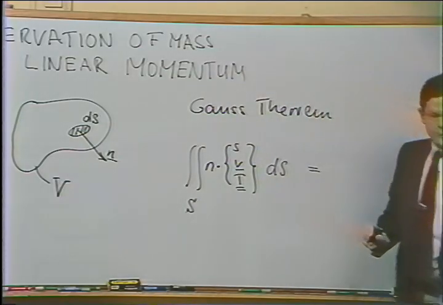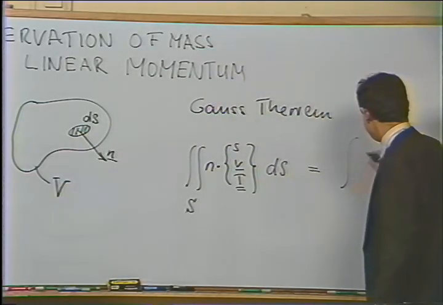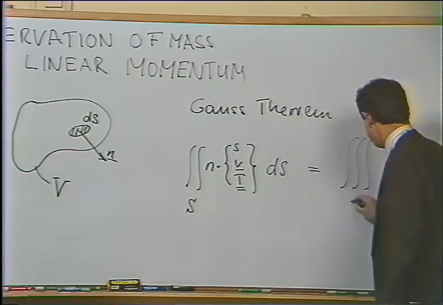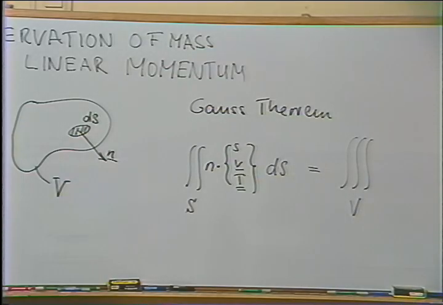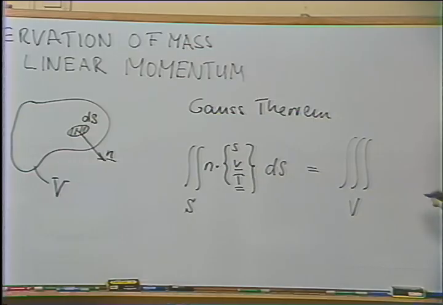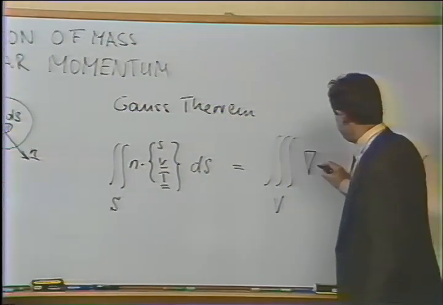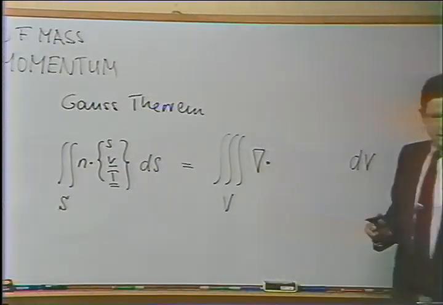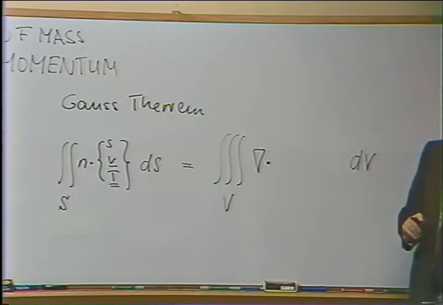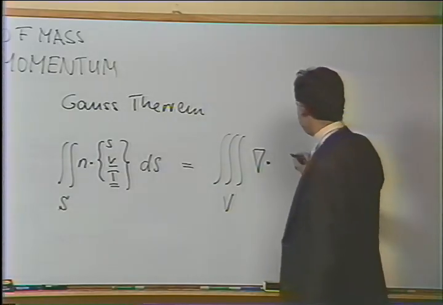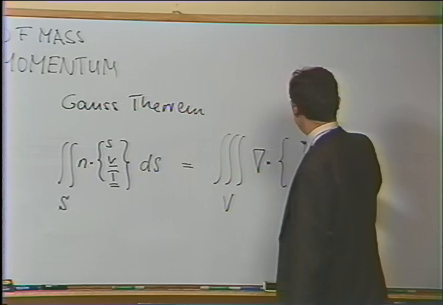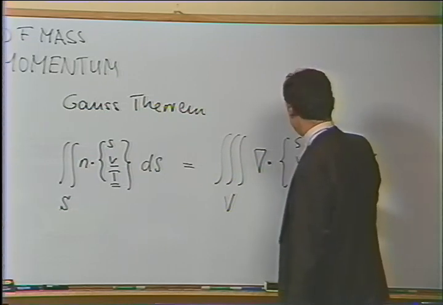And this can be rewritten in terms of a volume integral, a triple integral, of the divergence, this is the Nabla operator, differential in space, of the same quantities, of some scalar, of some vector, and of some tensor.